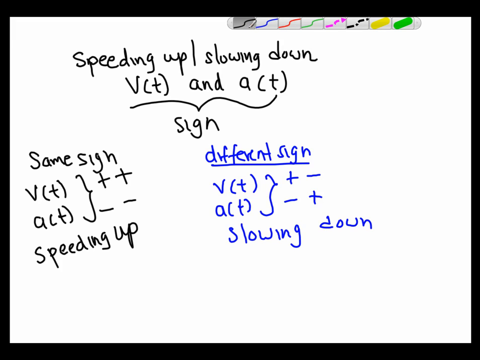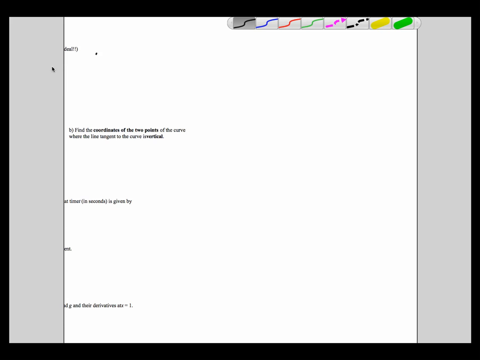Now, let's do one problem. So, Example 1. Let's say you have a position function, which I'm gonna describe as s of t is t squared minus 7t plus 12.